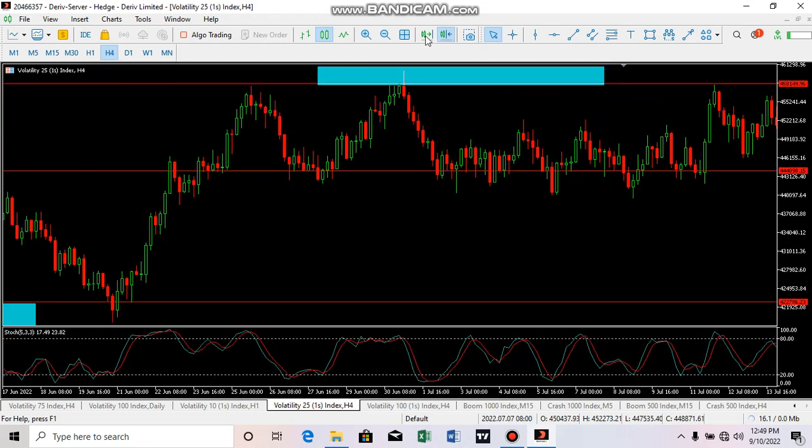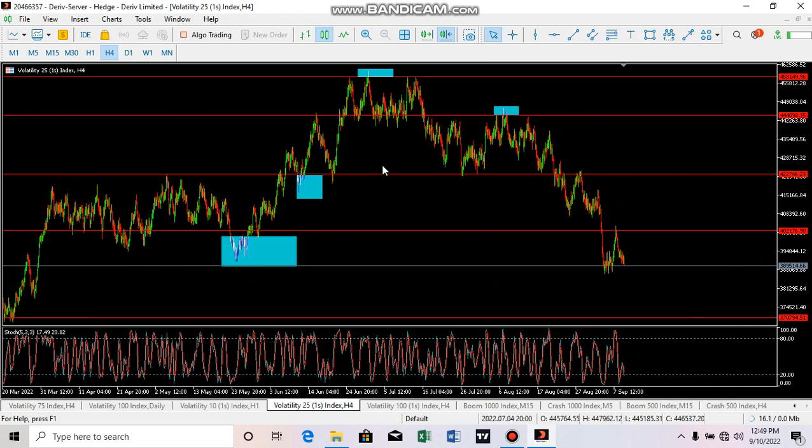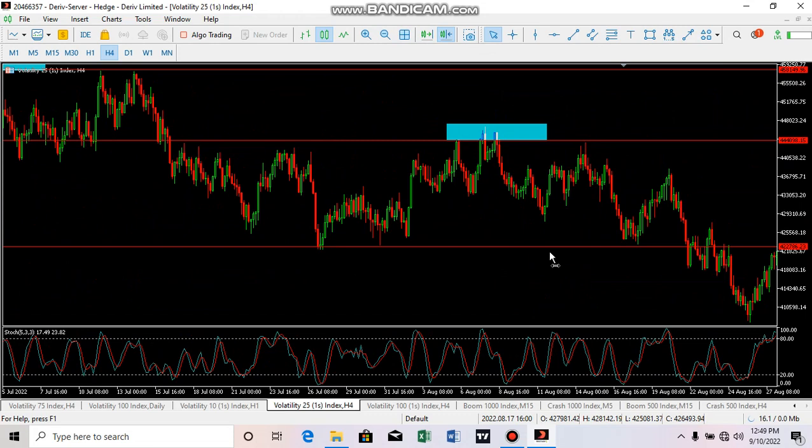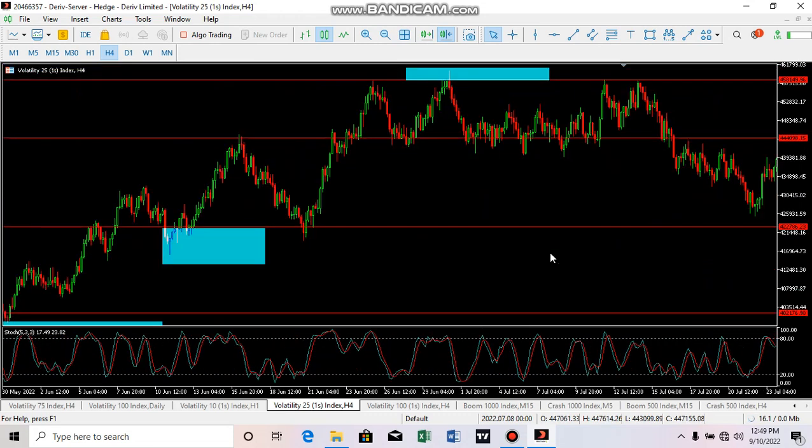So what you're waiting for is a rejection, right? And after the rejection, you want to find your entry just at that support or resistance, right, guys? You're waiting for the other traders to be manipulated.